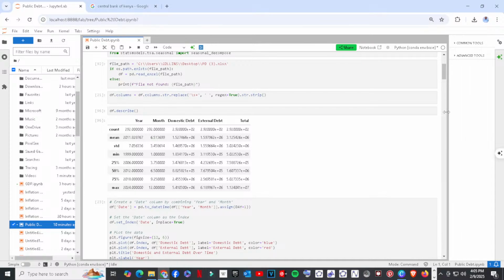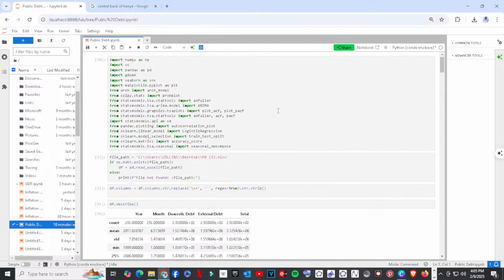So first of all, I want us to see where we get the data from. So I'm trying to open public debt.